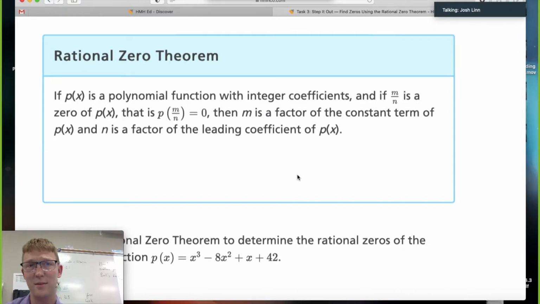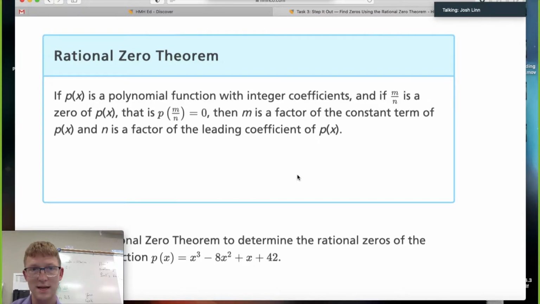So if p of x is a polynomial function with integer coefficients, and if m over n is a zero of p of x, that is p of m over n equals 0, then m is a factor of the constant term of p of x, and n is a factor of the leading coefficient.